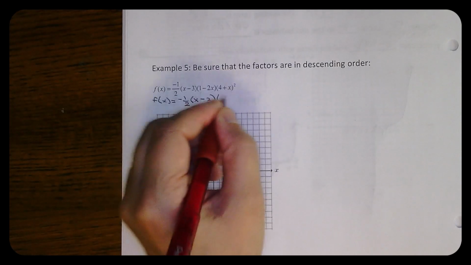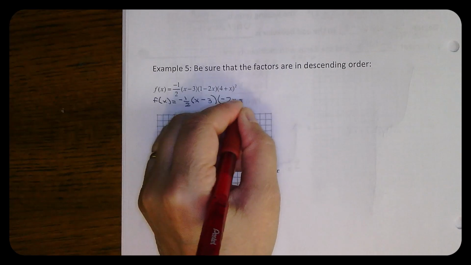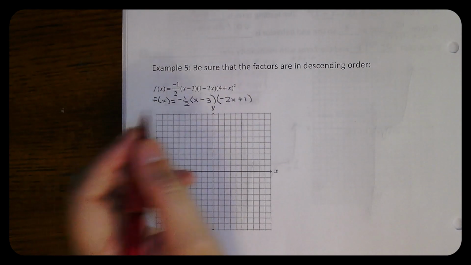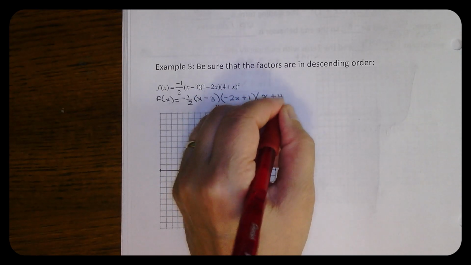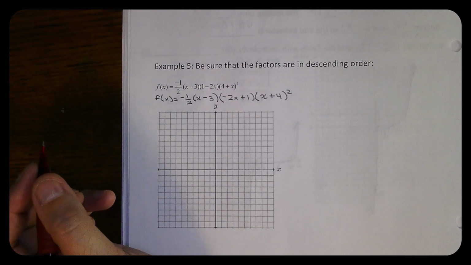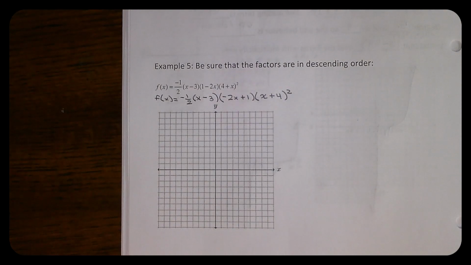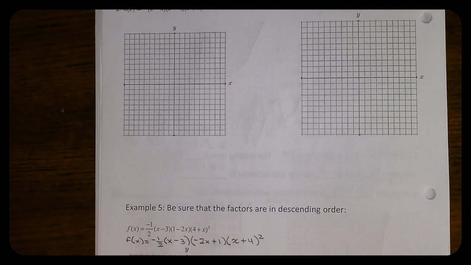This 1 minus 2x is really -2x plus 1. Same thing, 4 plus x, if we turn it around so that the x is first, that's x plus 4, quantity squared. Okay, so other than that, it's a good chance to practice. So again, I'm going to pause the video, fill in mine, and then you come back and check and see how you did.